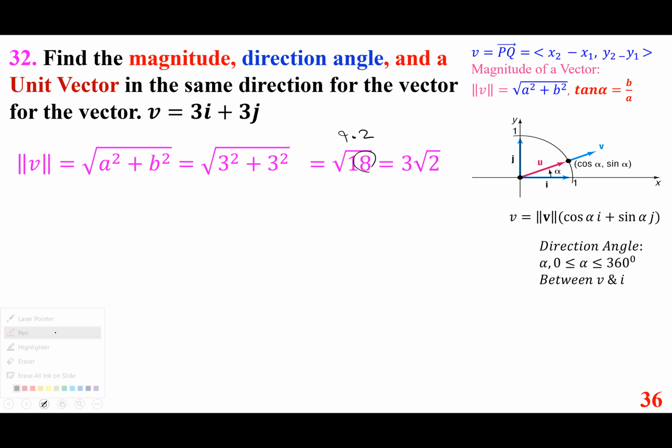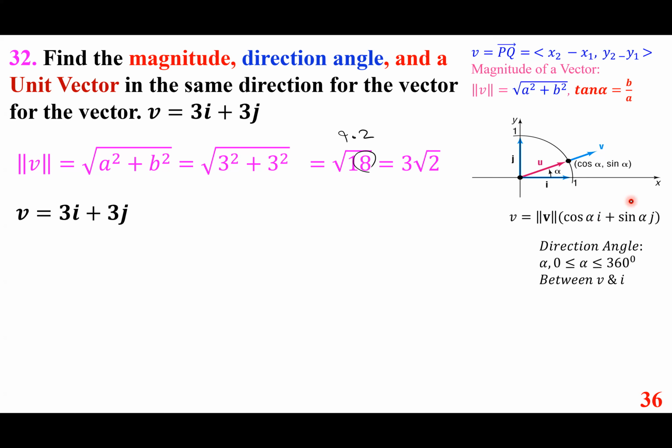Now let's add more information. So v is the magnitude times cosine alpha i plus sine alpha j. Direction angle alpha is between 0 and 360, which makes it the angle between the vector and the i vector, the x-axis in essence. So v is 3i plus 3j.